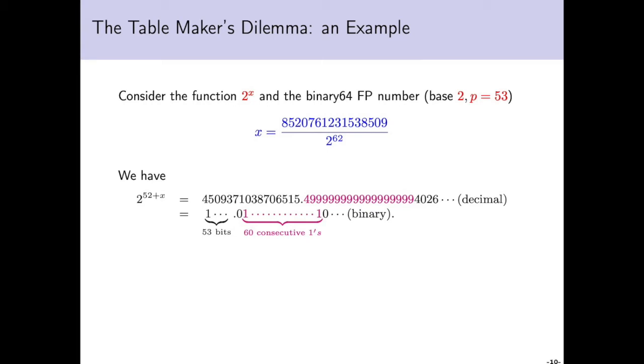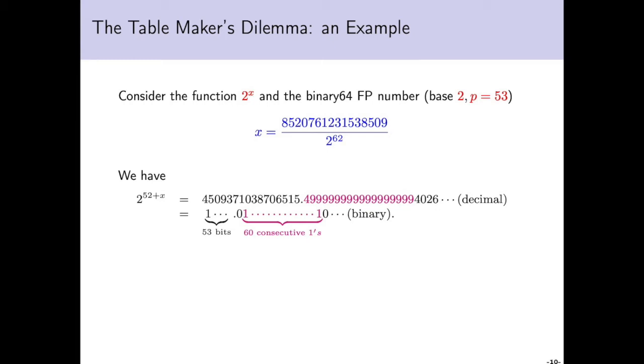So if you look at 2 to the x, so 2 to the x multiplied by 2 to the 52 gives rise to this value. Okay? So why is it interesting? So the 2 to the 52, this is the denominator. Okay, so don't pay attention to it.